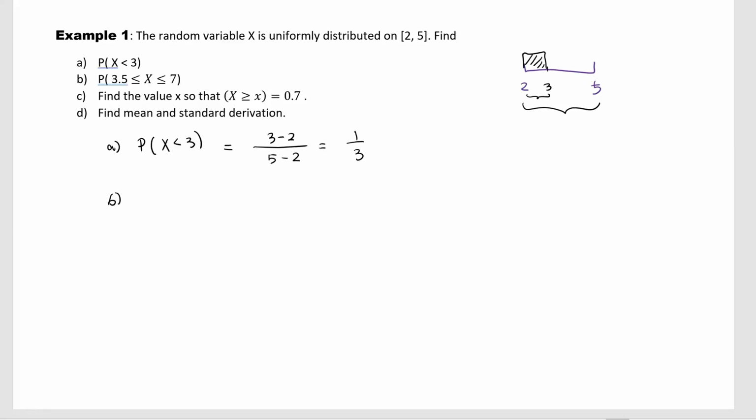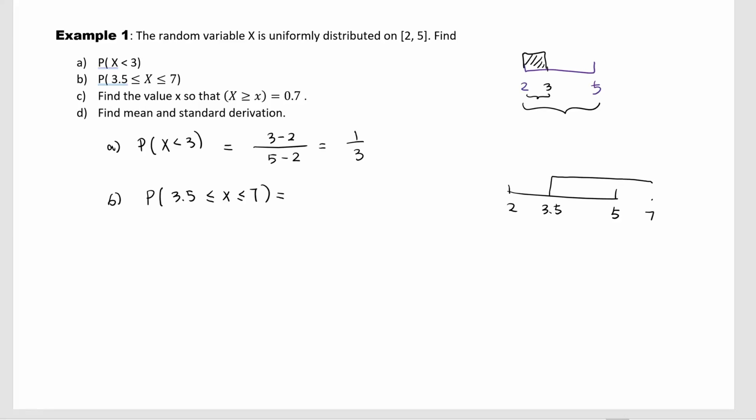Okay, B. How about the probability of 3.5 less than or equal to x less than or equal to 7? We draw the picture again. 2, 5. Where's 3.5? Somewhere here. Where's 7? Here.